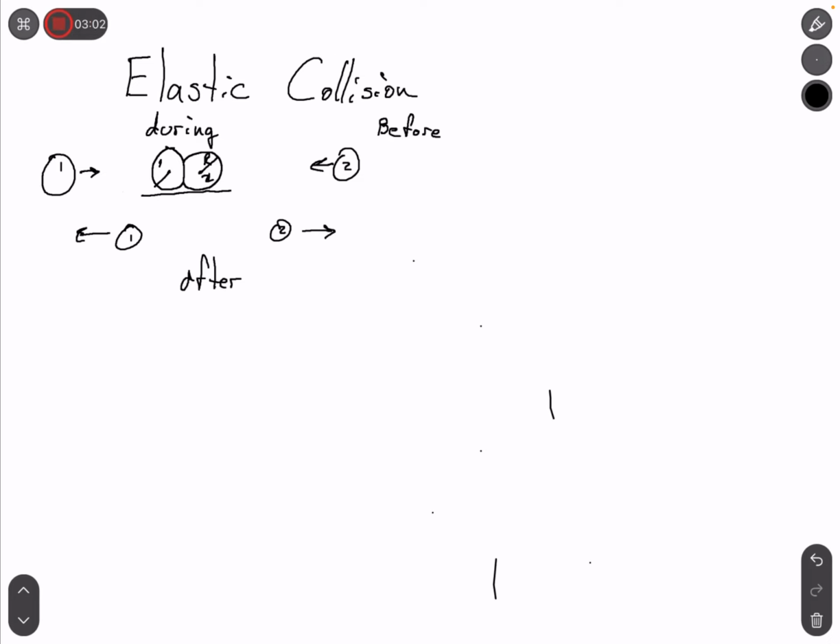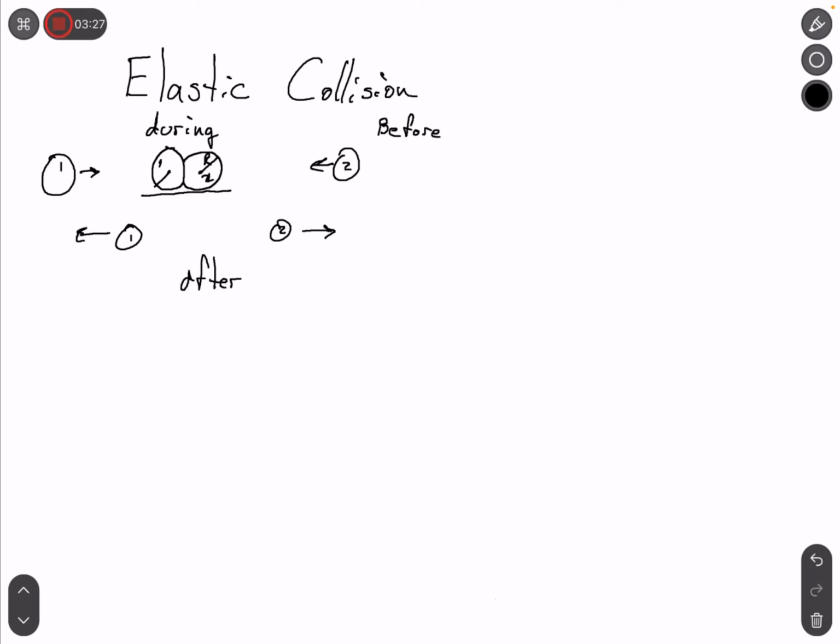So what happened? What did we see that happened? The same thing that happened in our other collision, if the two masses are equal. They changed their velocities.